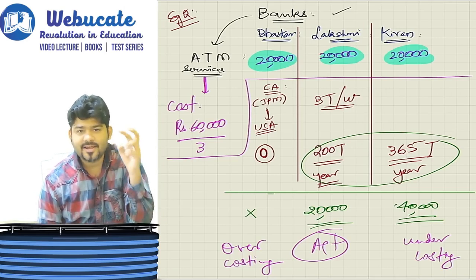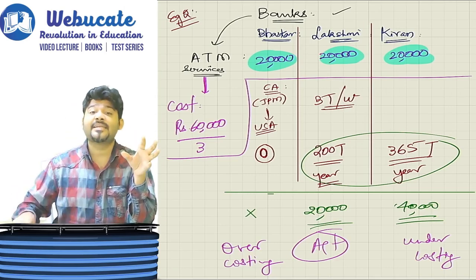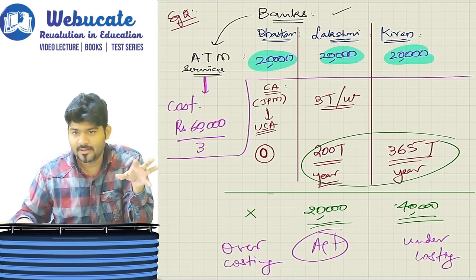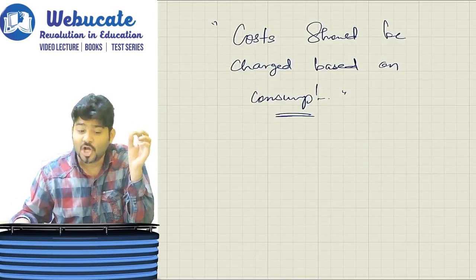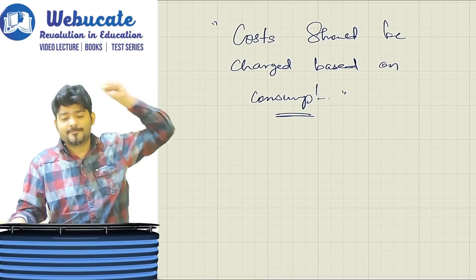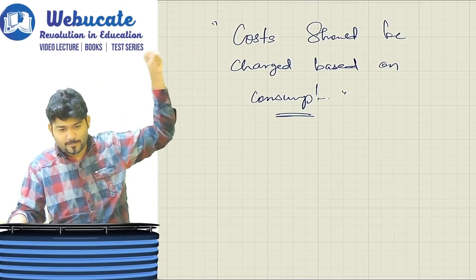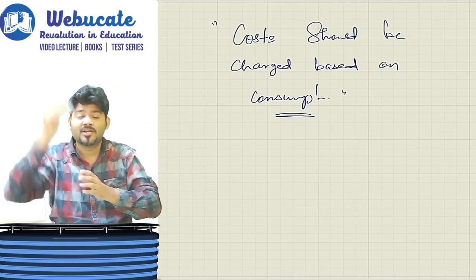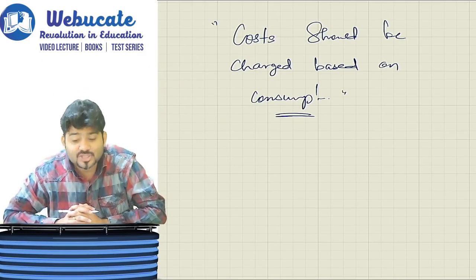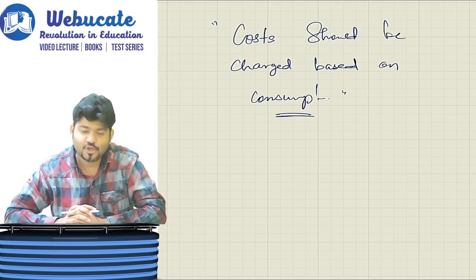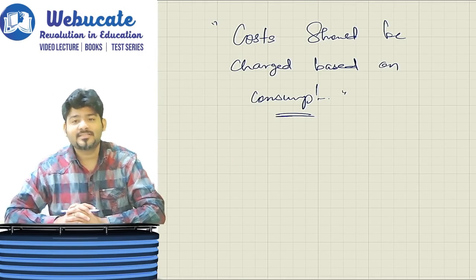Okay, this is where I rest my case for the second example. I hope you are clear with the concept which says, everybody, what? Cost should be charged based on consumption. Cost should be charged based on consumption.